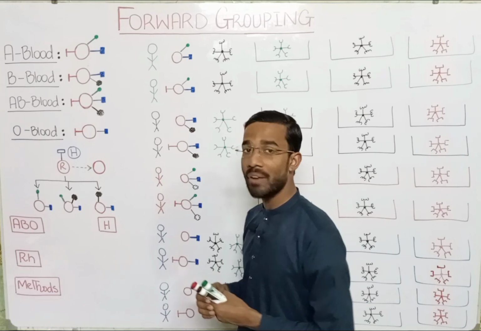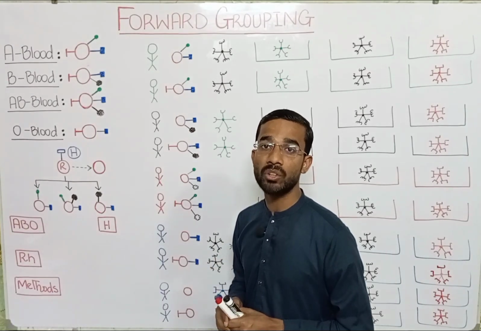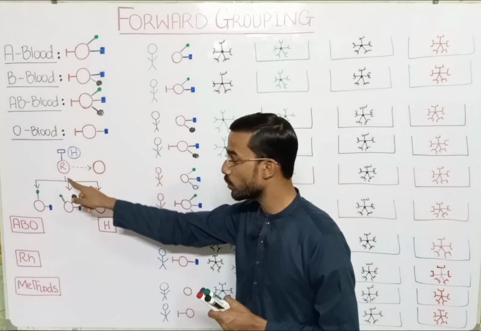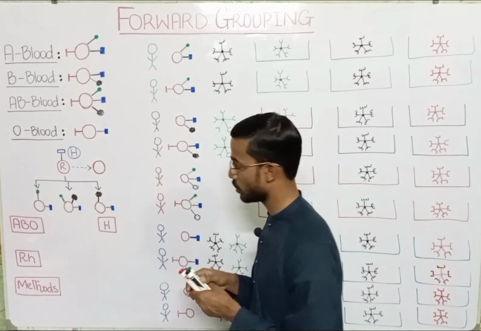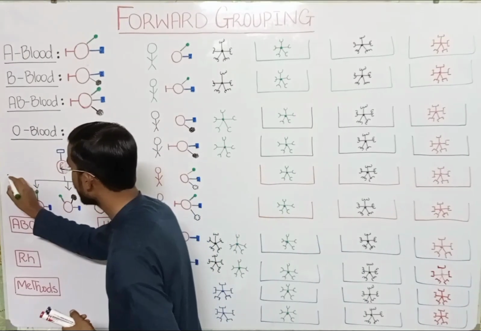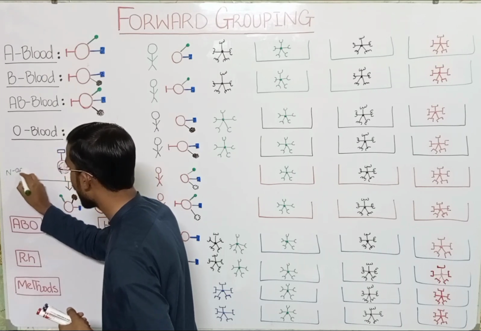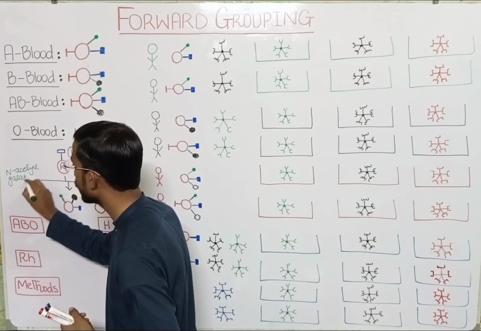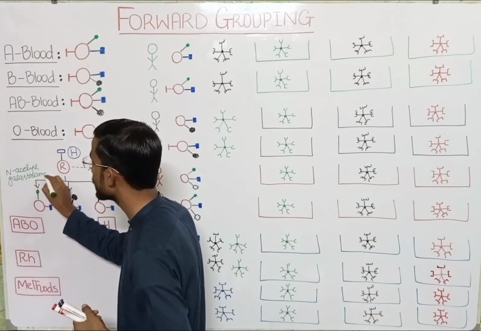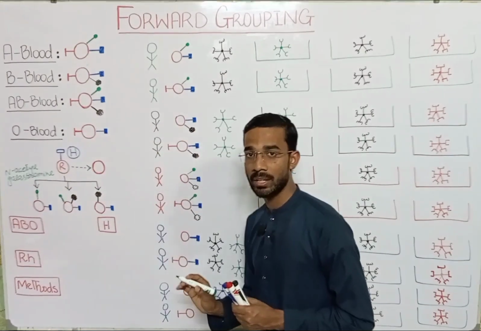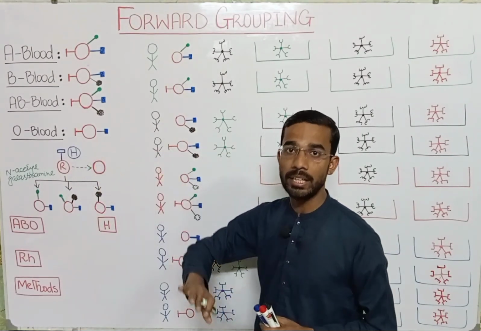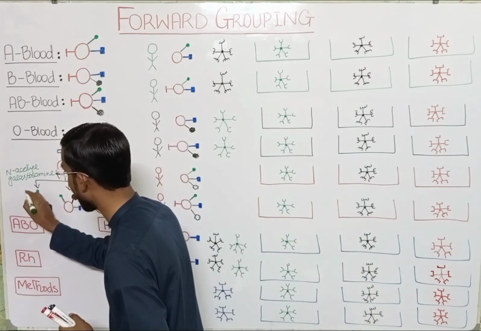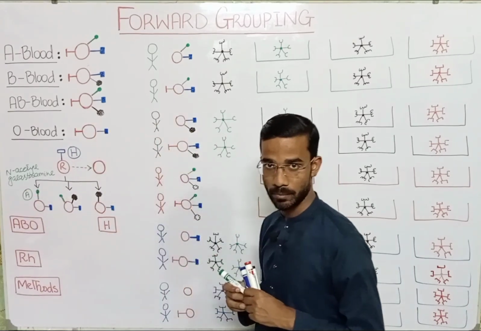When N-acetyl galactosamine is attached to the H antigen, it converts into the A antigen. So here you see that if N-acetyl galactosamine is attached to the H antigen, then the H antigen converts into the A antigen, and you will see A antigen formation.